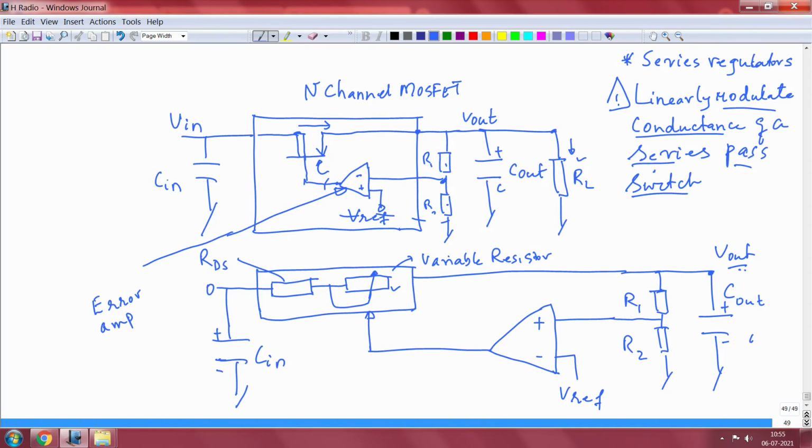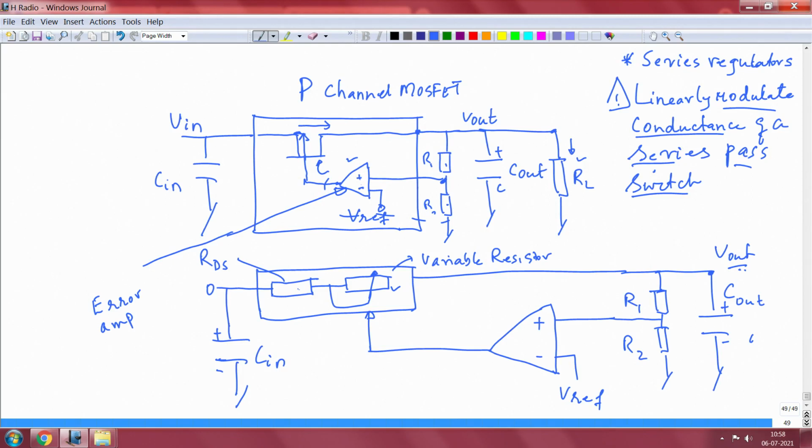I made a lot of assumptions which I will now clarify with you. Let me put back the P channel MOSFET. How is this always remaining in regulation, you may ask? The reason is the magic of this error amplifier. Look at what the error amplifier is doing.